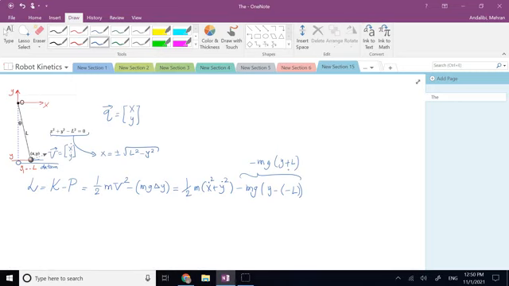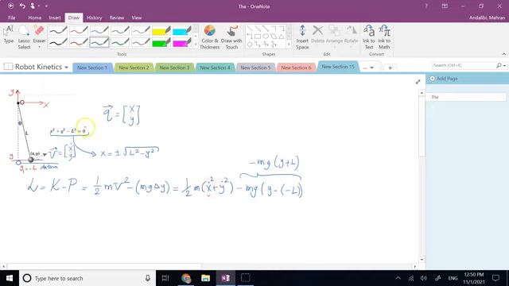Now, the problem here is if I want to write everything in terms of y, so here I'm trying to use that method of eliminating one of the variables. If I want to get rid of one of these variables, let's say x, because I have y and y dot in 2 places, x and x dot only in 1. So let's get rid of this x dot term. How? I try to use the constraint equation and get rid of x dot based on y dot.